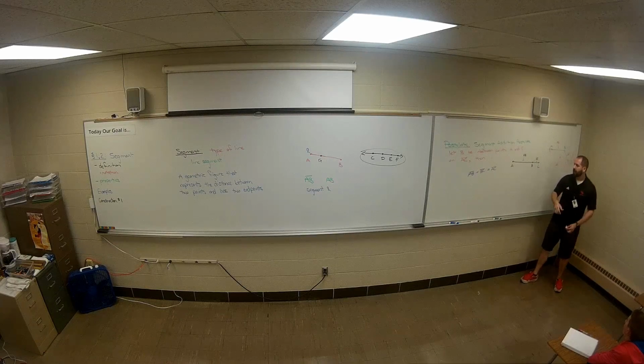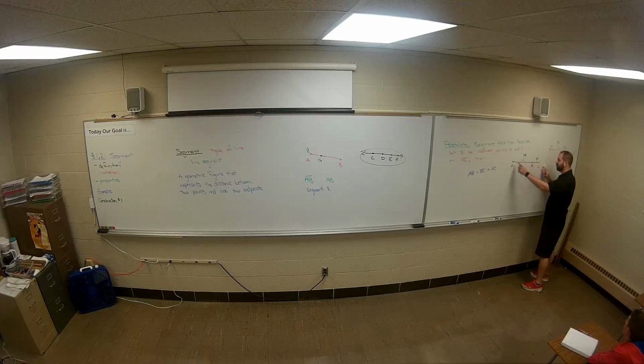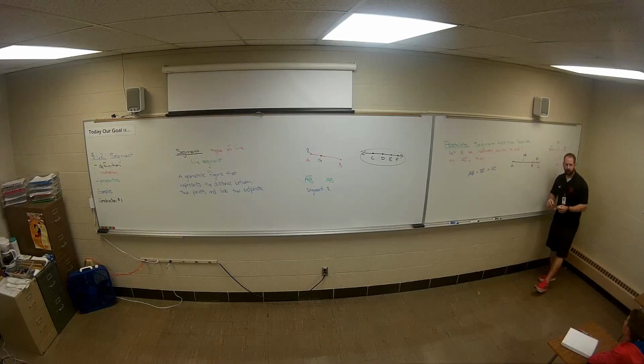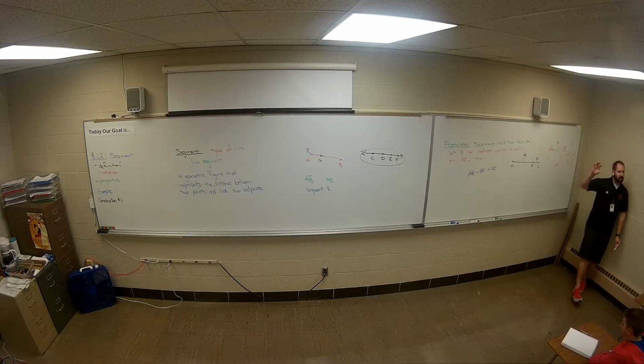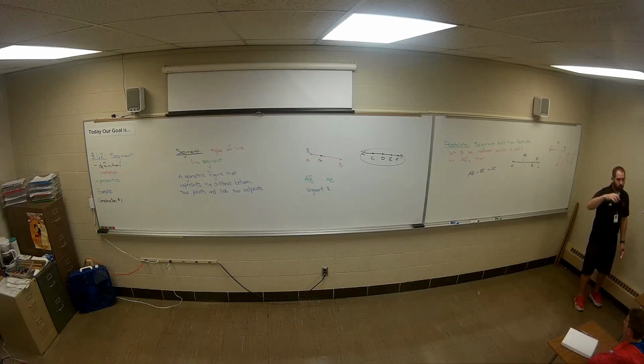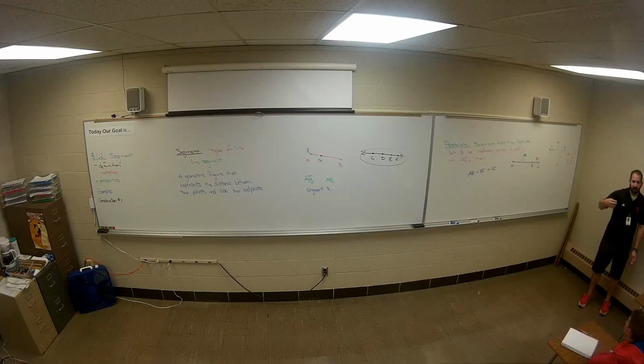So they're going to state that maybe AB is a 2x. AC is a 4x plus 10. And we want to know what BC is, right?